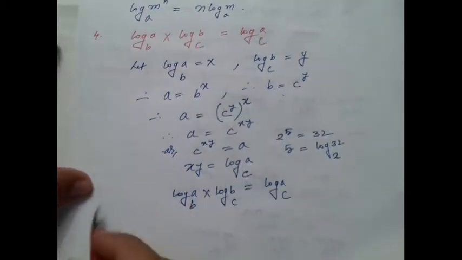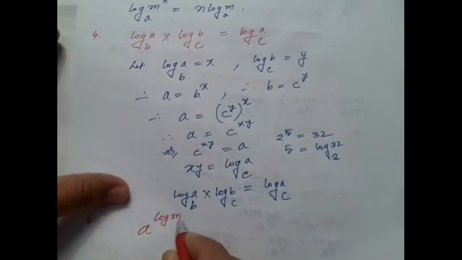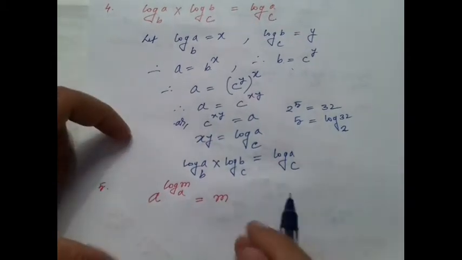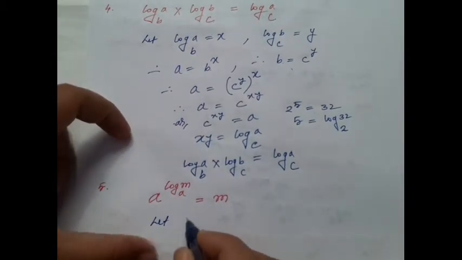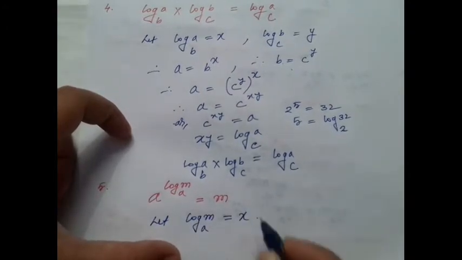Now we have another one, that a to the power log m to the base a equals m. Okay, this one is so simple. We have to just take, let log m to the base a equals x.